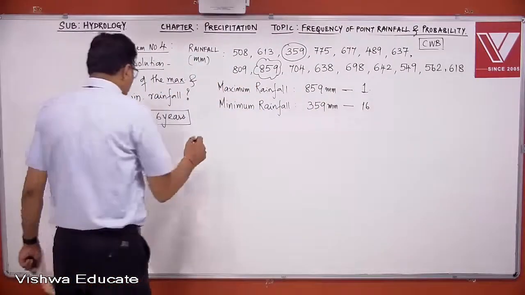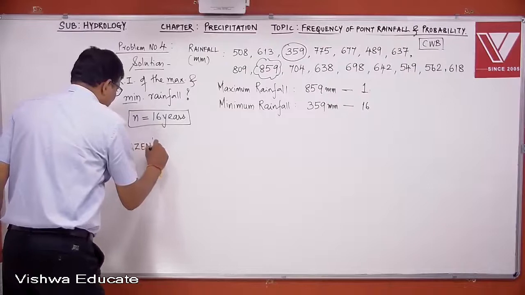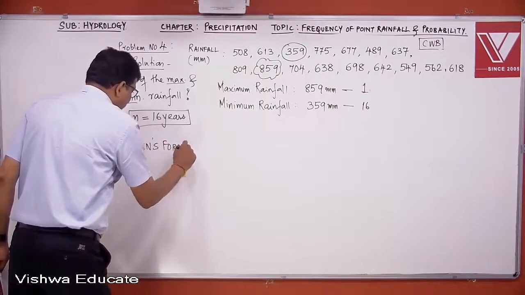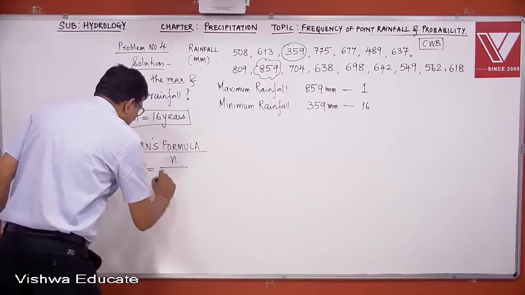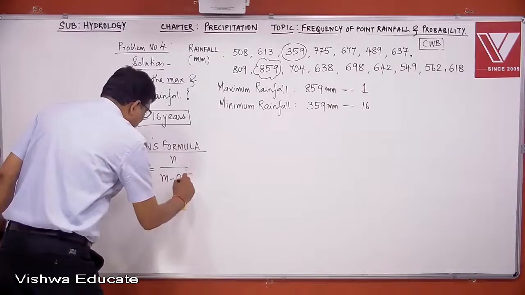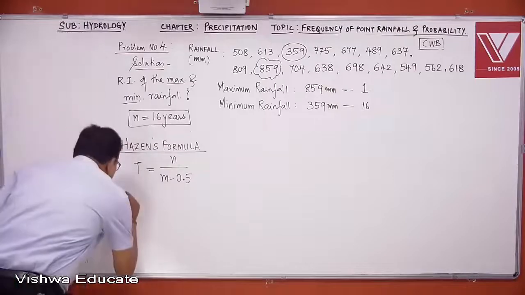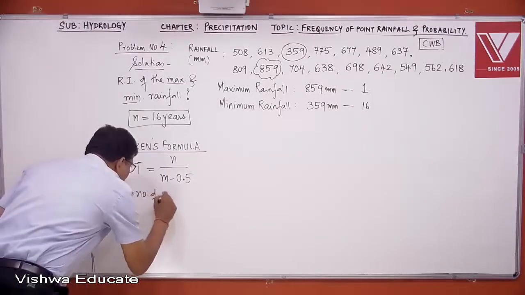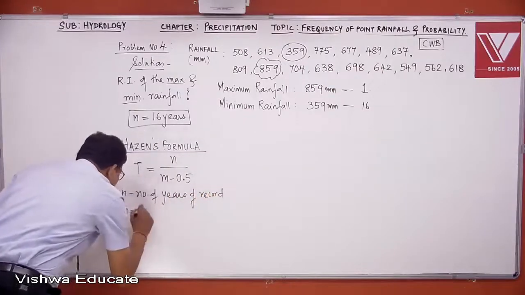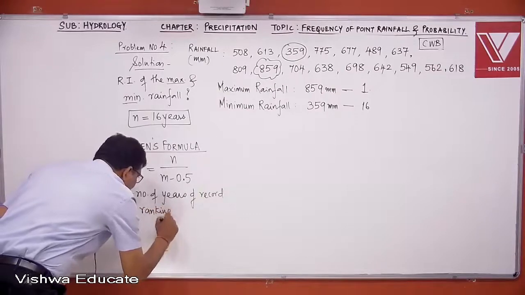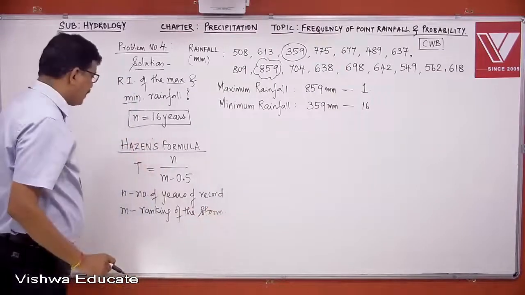Now, based on Hazen's empirical formula, which says the recurrence interval is n by m minus 0.5, where n is the number of years of record, whereas m is the ranking of the storm. In the list, what is the rank of the storm?